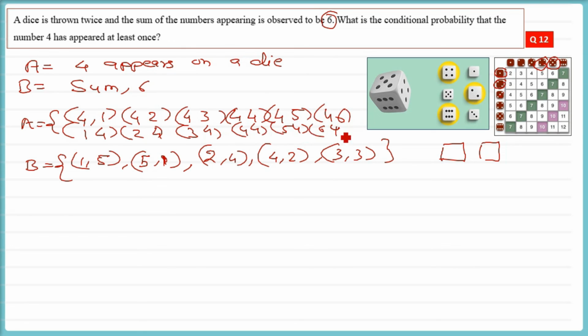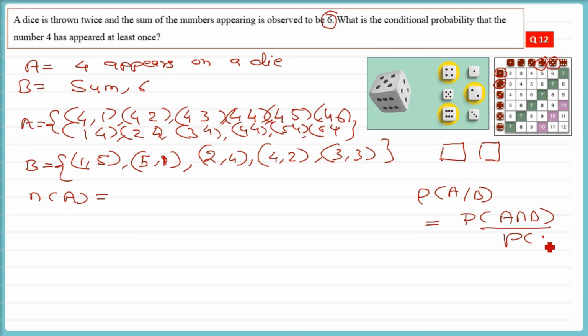So these are the set values of A. But we are interested in the number of elements in A and in B, because in order to compute the probability, we need the numbers. What is the number of elements in A? We don't require it, do we? Because the probability of A given B is the probability of A intersection B divided by the probability of B. So you don't need to compute N(A), and N(B) is required.